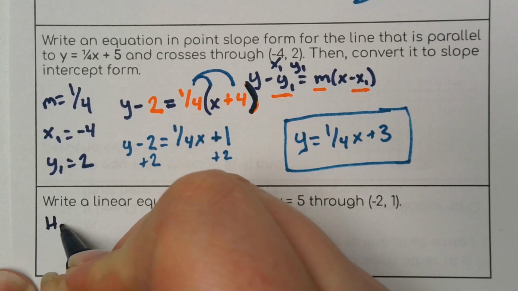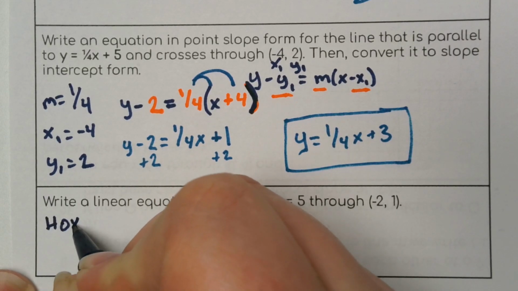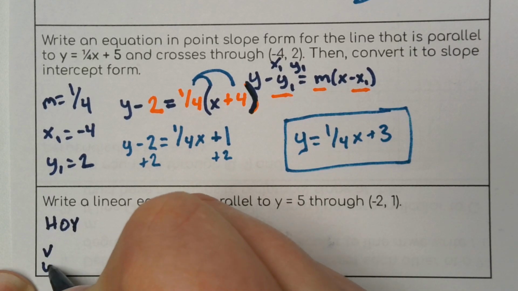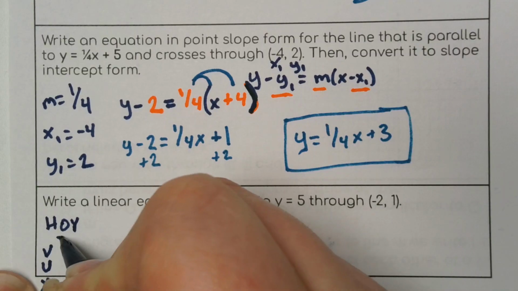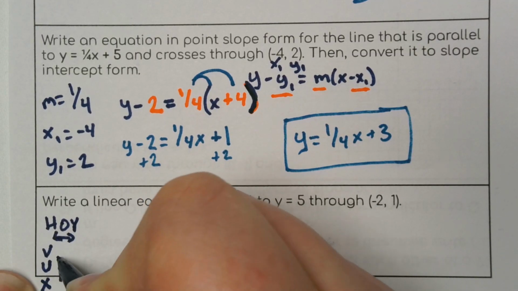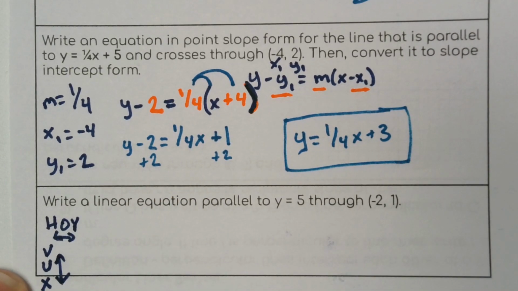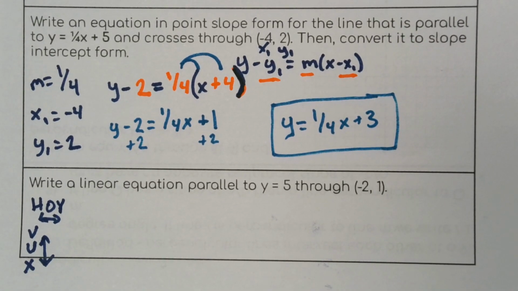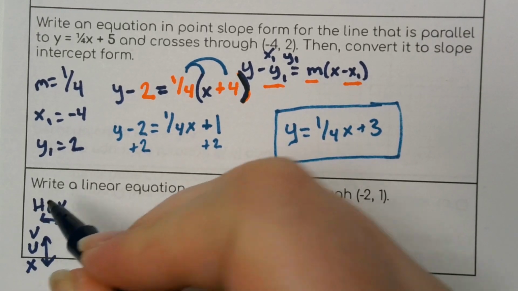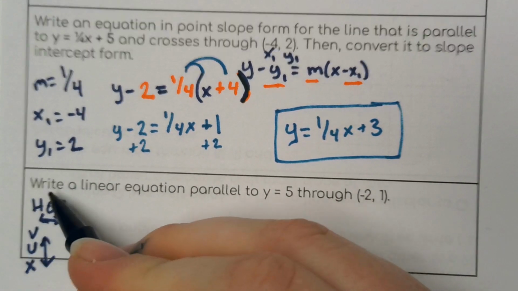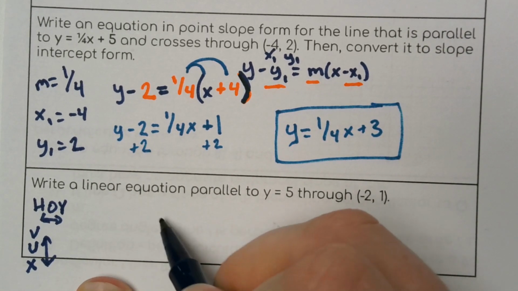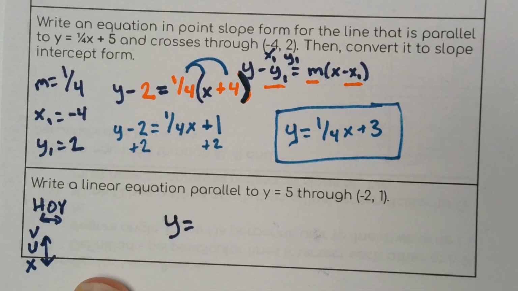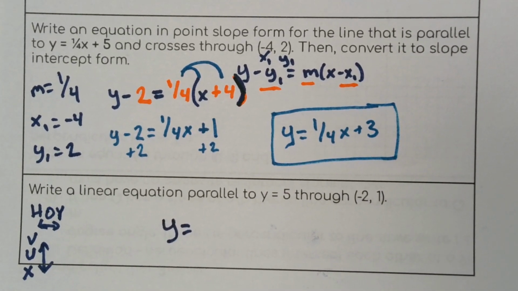You guys think far back to last year, we did something called HOY VUX, okay? So if we have y equals just a number, that's a horizontal line, and our slope is 0. And in order to get the same slope, we have to have y equals just a number again.